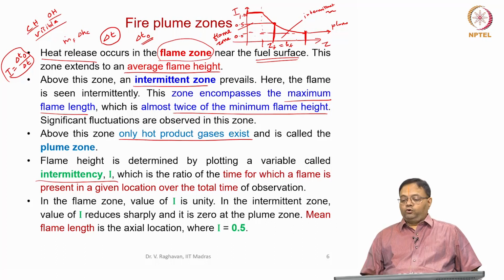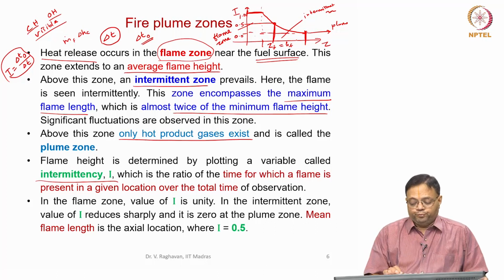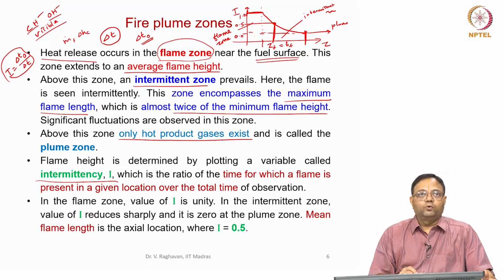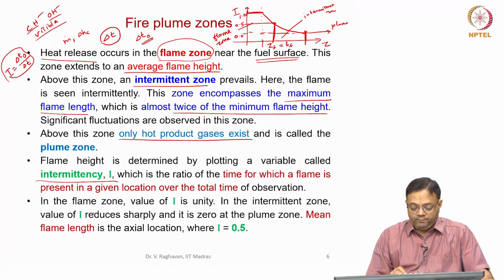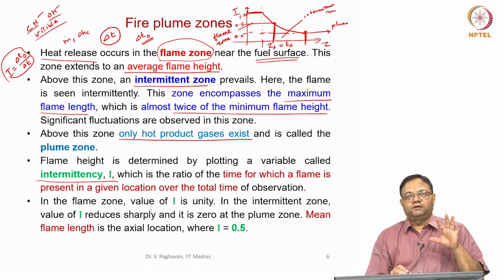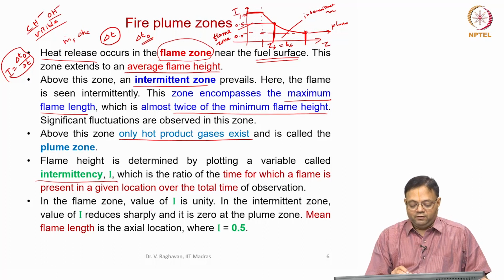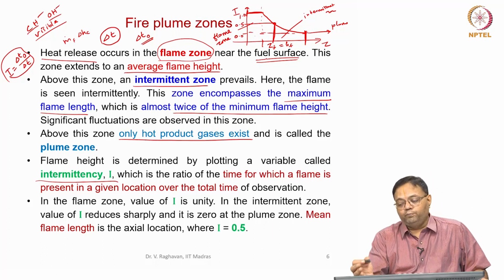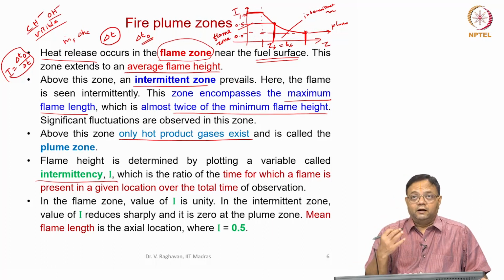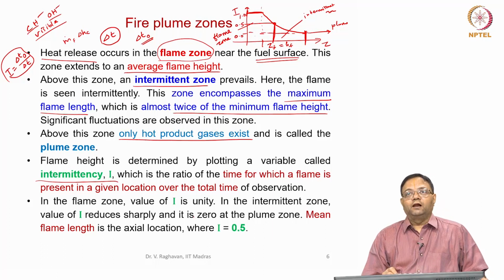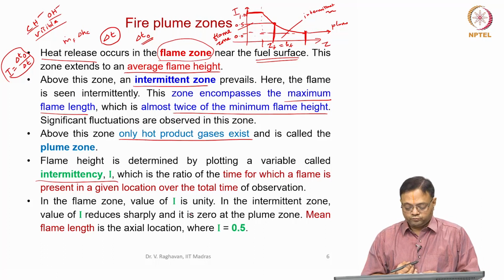So, by monitoring the chemicals like CH, OH or visible flame, I can determine the fraction of time the flame was present in a particular location. Based upon that, I can determine the flame zone, intermittent zone and the plume zone heights. Also, I can take the value of intermittency as 0.5 and calculate the average flame height.